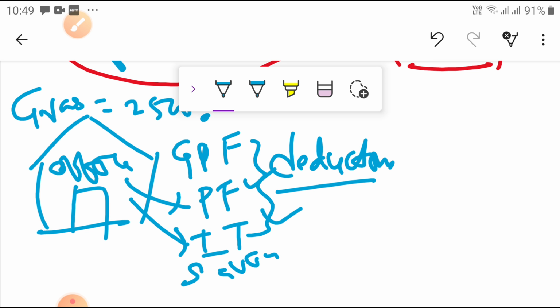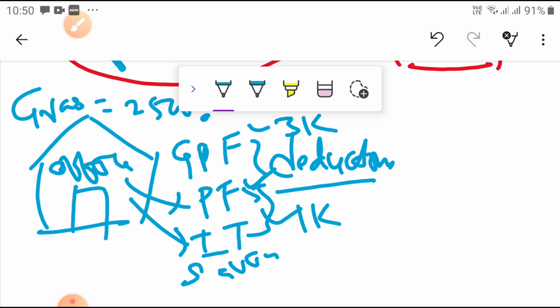Income tax, for example 2,000. GPF loan, suppose 3,000, of which 1,000 is this and PF 500, for example. So 3,500 is deducted from his salary.